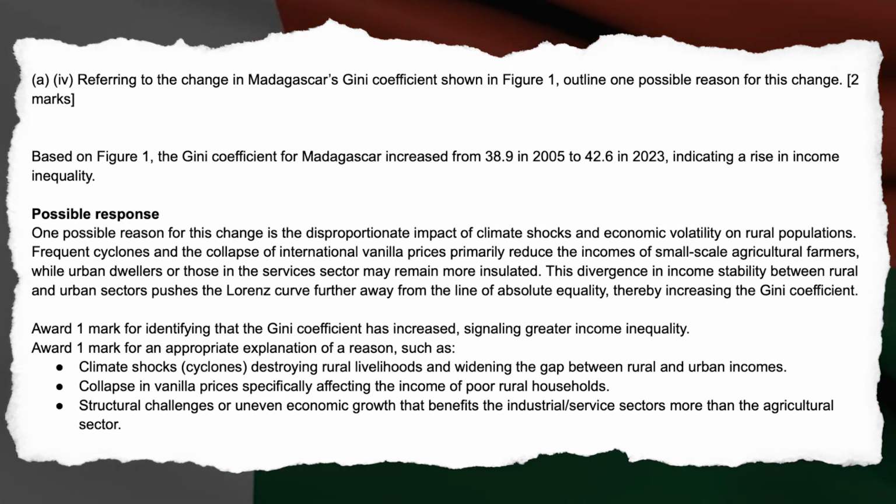A4. Referring to the change in Madagascar's Gini coefficient shown in Figure 1, outline one possible reason for this change. 2 marks. Based on Figure 1, the Gini coefficient for Madagascar increased from 38.9 in 2005 to 42.6 in 2023, indicating a rise in income inequality.